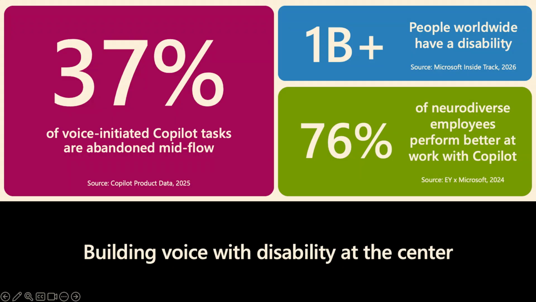So here's a couple examples of building voice-driven features with disability at the center of design. I was talking with some colleagues and folks in the disability community, and we've got these percentages from this survey that we had with them. So the way that accessible architecture changes the way assistive technology and now AI agents actually interact with an interface.